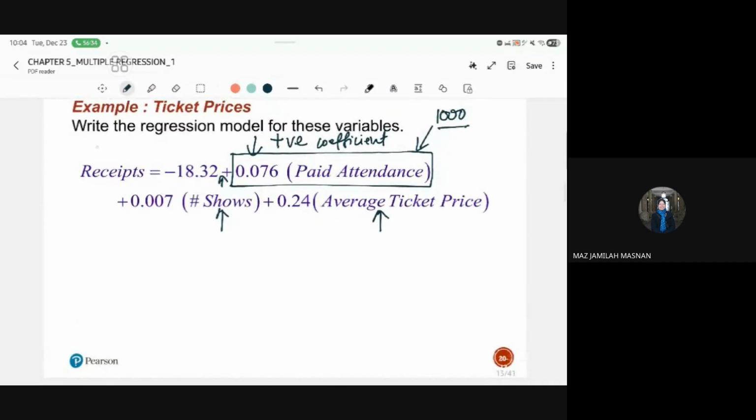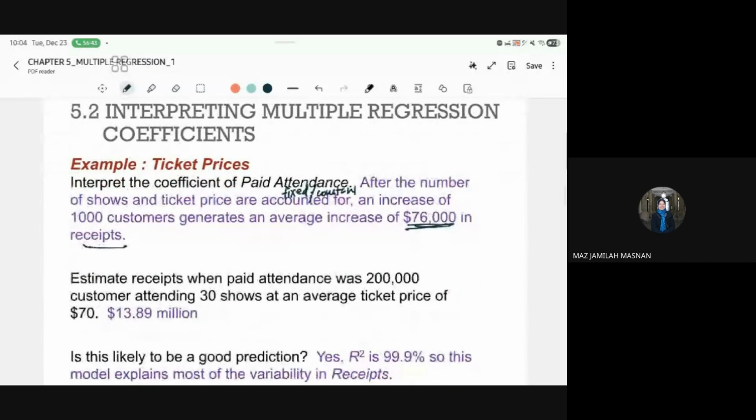Imagine this one is in million, so you have 76 over here. That's why you have 76,000 over here.